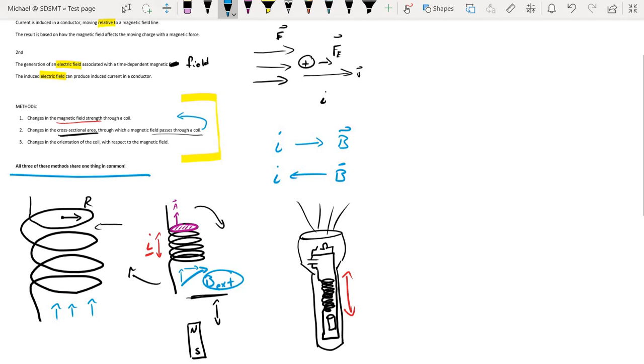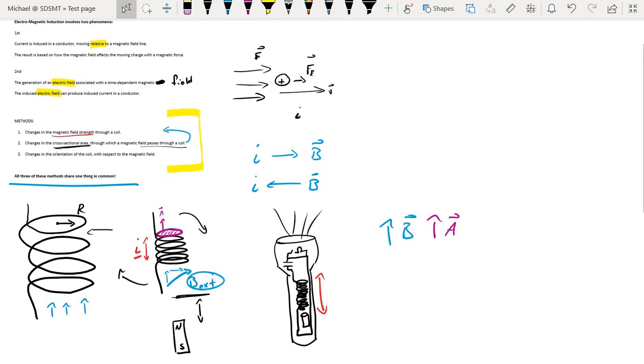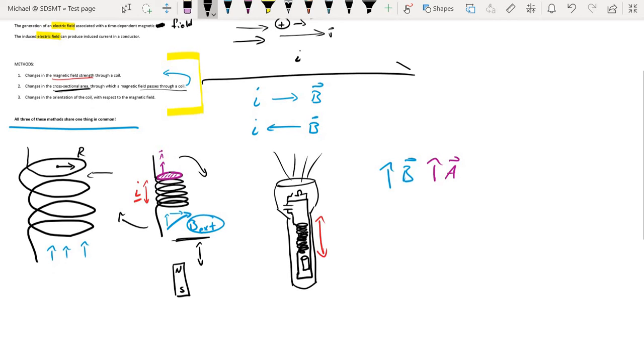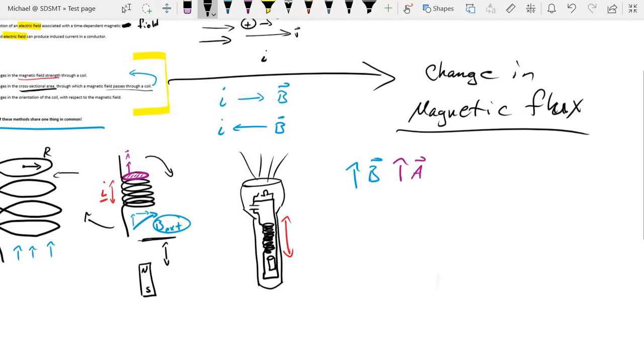So whether we're changing the magnetic field, or we're changing the cross-sectional area, or if we're changing the orientation, or rather the vector relationship between magnetic field and cross-sectional area, all three of these methods effectively do one thing, and that is that they all cause a change in magnetic flux. Well, what is magnetic flux?